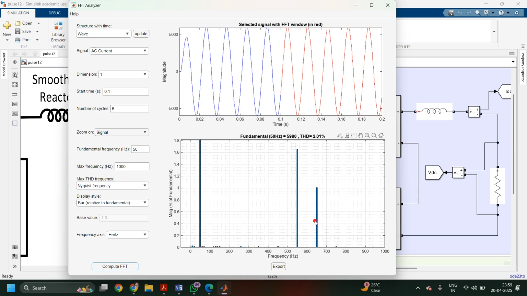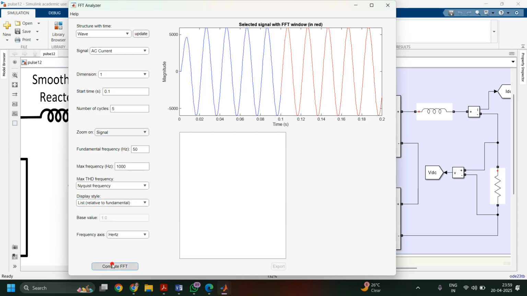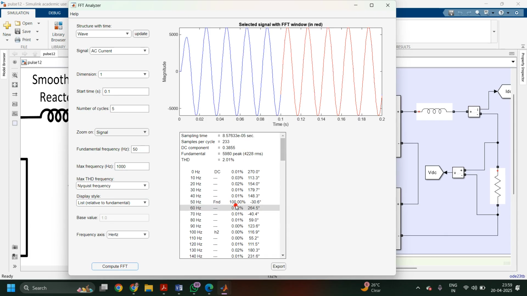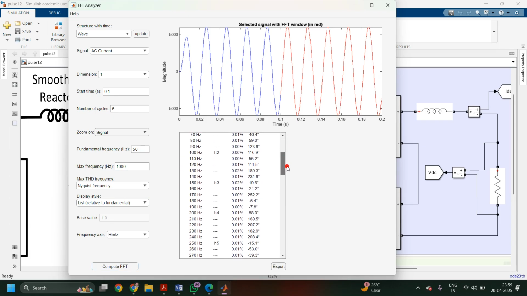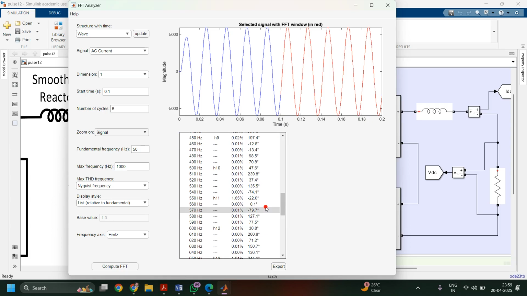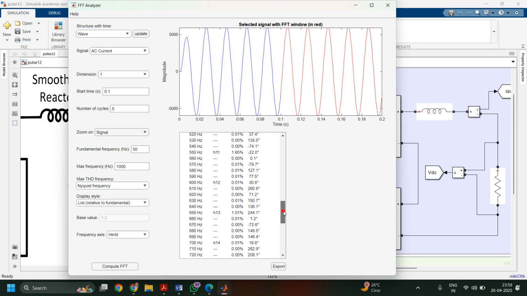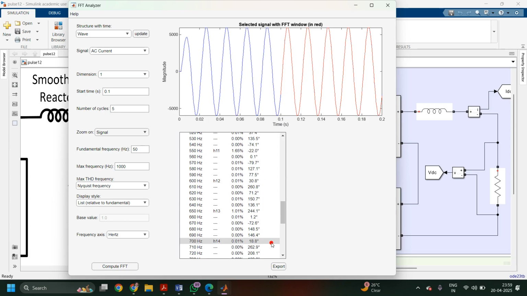So the 11th and 13th harmonics are dominant. If you want to check the list, you can check it. See, the 50 hertz is 100%, H3 is negligible, H5 is negligible, H6, H7 are negligible, but you will find the 11th harmonic is 1.65% and the 13th harmonic is 1.1%.